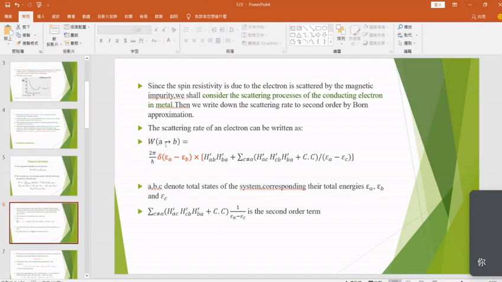If the initial state is A and the final state is B, the transition rate we can write in this form. The first term is the first order, and this term is second order, and the second order tells us about the spin exchange process. We also know the energy conservation from this delta function.